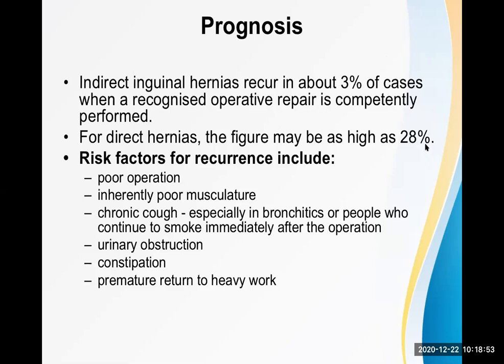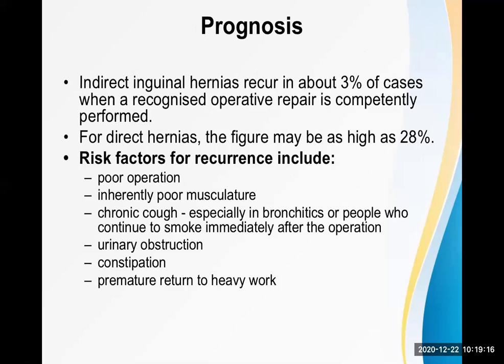So if that area is so weak, the recurrence chance is also higher. Whereas in indirect inguinal hernia, it occurs through the deep inguinal ring, enters into the inguinal canal and comes out. So the posterior abdominal wall is still not that weak. That type of explanation you can give.